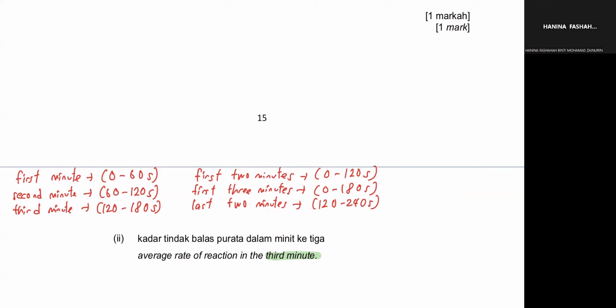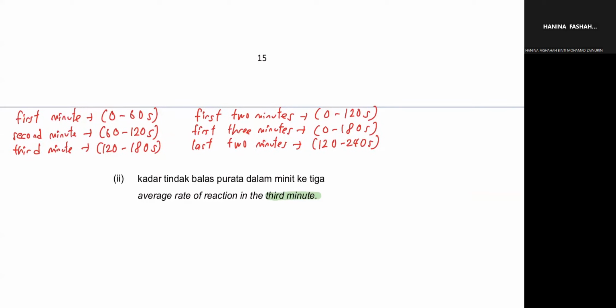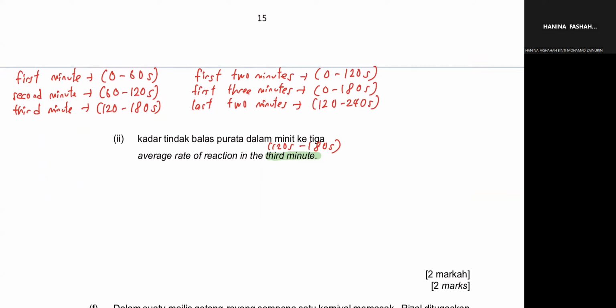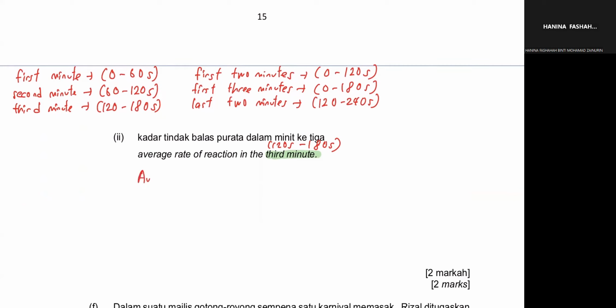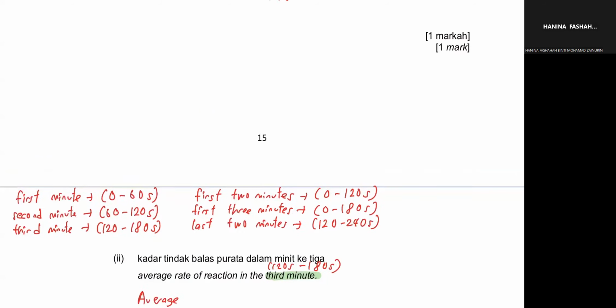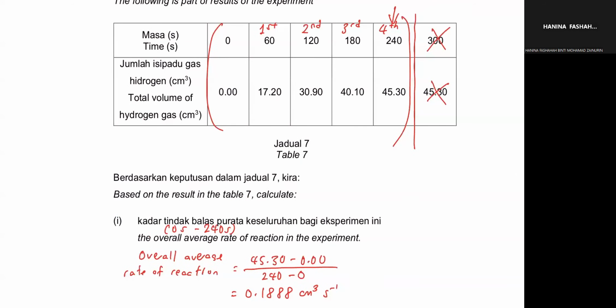Example: third minute means 120 seconds to 180 seconds. For the third minute you use the third minute reading minus the second minute reading. So the average here is what you call the third minute.